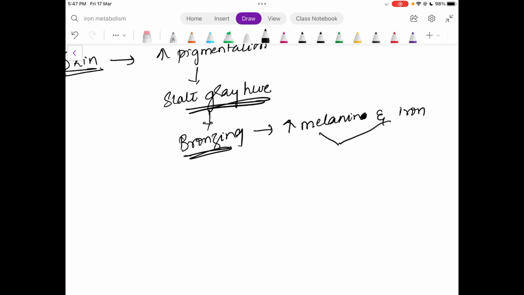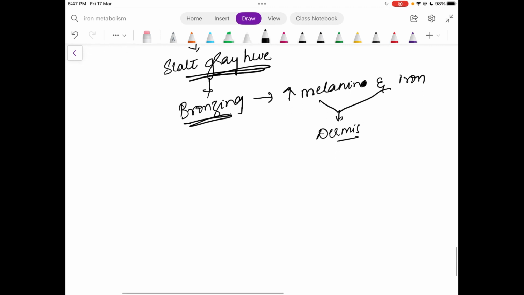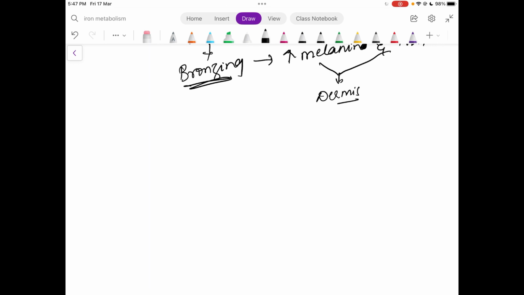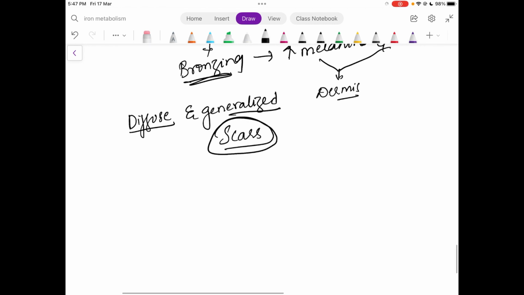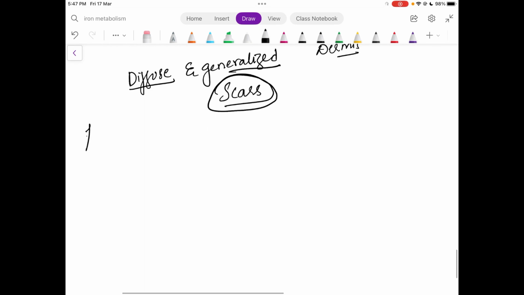These are both deposited in the dermis. This pigmentation is diffuse all over the body. It will appear all over the body, and it is generalized. And you can see this pigmentation in scars also. This is about skin manifestation.